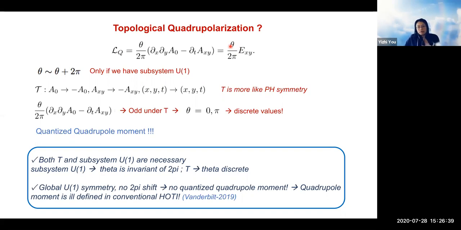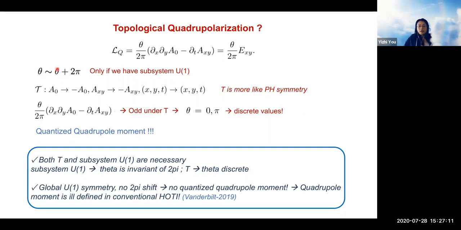Both are necessary to get a quantized coefficient. The subsystem U1 symmetry gives you an ambiguity such that shifting theta by 2 pi does not change the low energy physics, and time reversal symmetry makes theta go to minus theta. So in the presence of both symmetries, theta can only have 2 discrete choices. However, if you break a subsystem symmetry into a global U1 charge conservation, what you will find is there's no 2 pi invariance of theta.